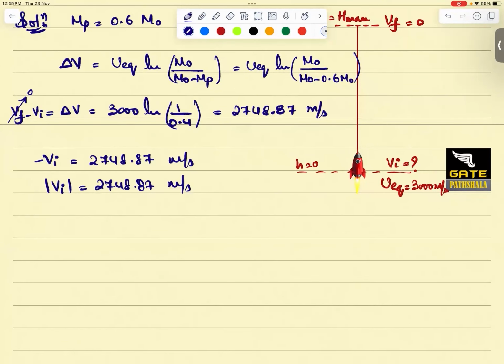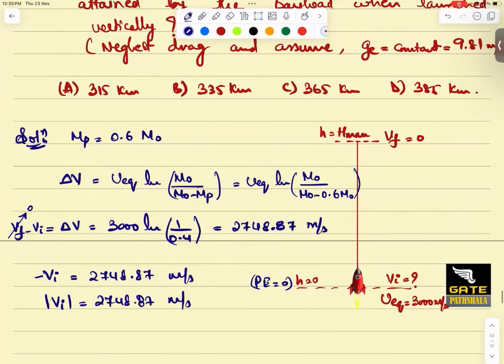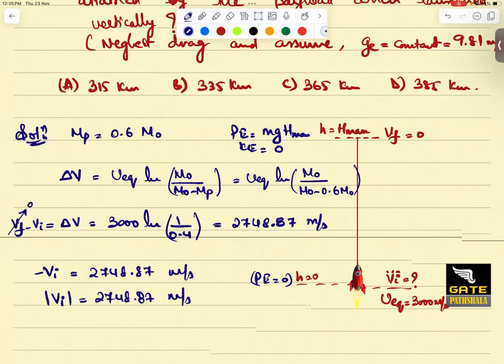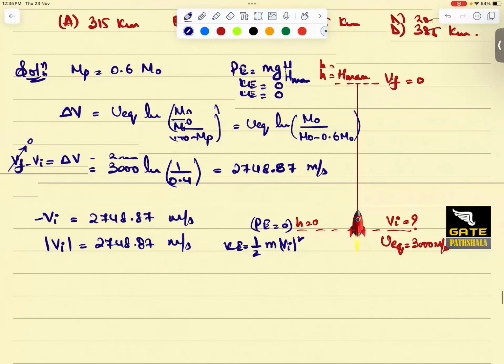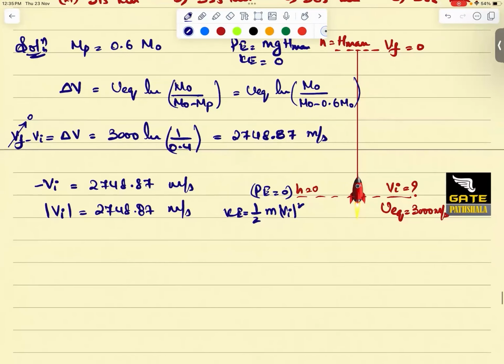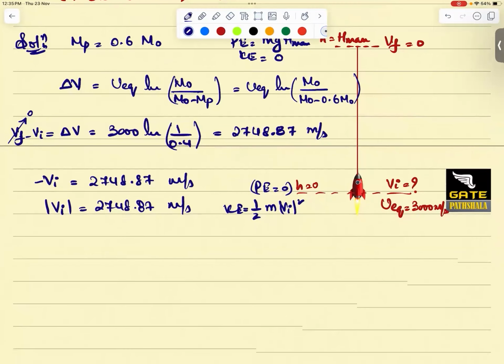So here what is the potential energy? 0. Here what is the potential energy? mg into h max. What is the kinetic energy here? 0. What is the kinetic energy here? Half m into V initial square. मod of vi square लेना, या फिर vi square भी लोगे तो माइनस है चला जाएगा.